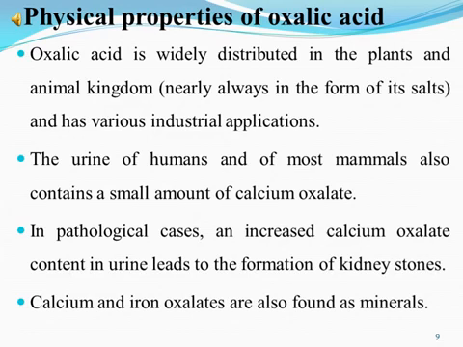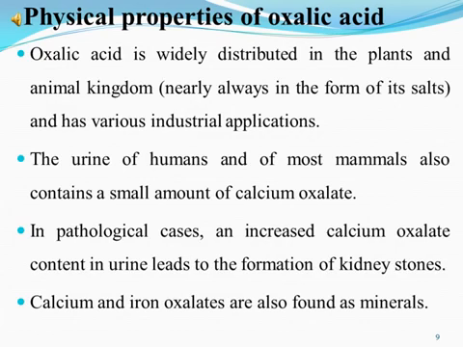Oxalic acid is widely distributed in the plant and animal kingdom, nearly always in the form of its salts, and has various industrial applications. The urine of humans and of most mammals also contains a small amount of calcium oxalate. In pathological cases, an increased calcium oxalate content in urine leads to the formation of kidney stones.